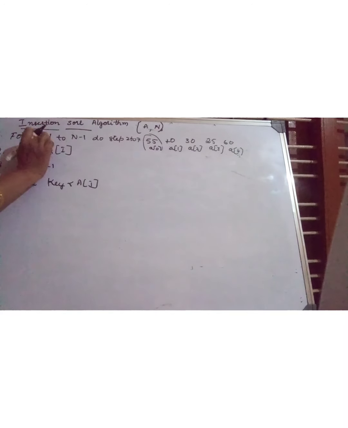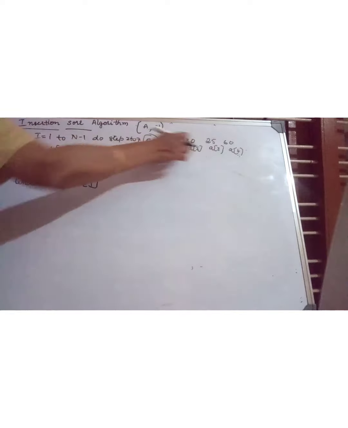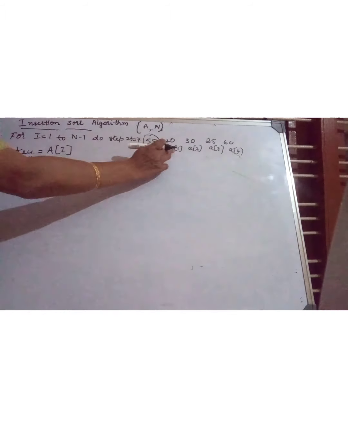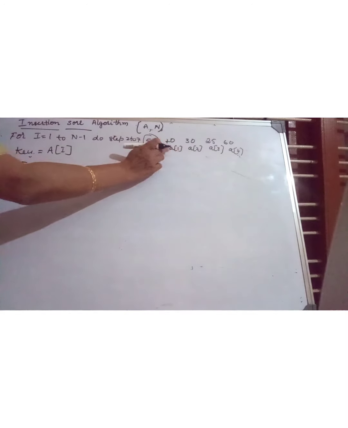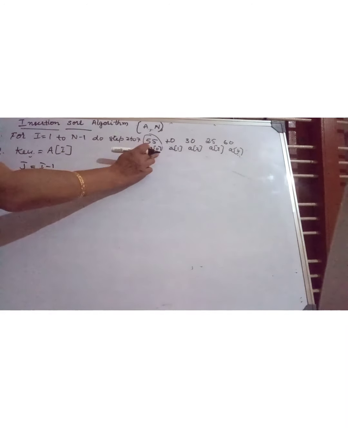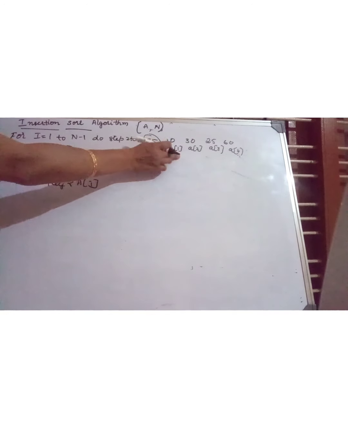That's why for I equal to 1 I am starting, not from 0. So from here we have to start. That's the reason J is equal to I minus 1. For I equal to 1, 1 minus 1 is 0, A of 0, that means the previous element.